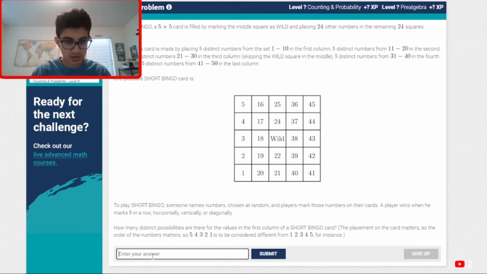I think you can just do 10 times 9 times 8 times 7 times 6. You pick one of 10 numbers times 9 times 8 times 7. So this becomes 42. This becomes 72. 42 times 72.